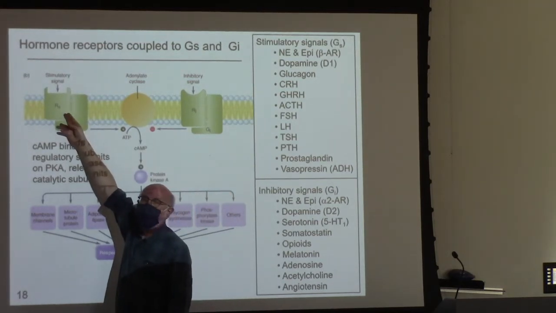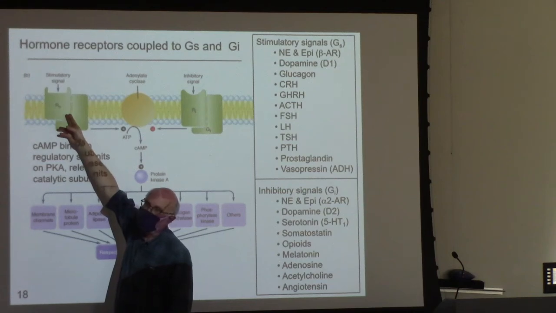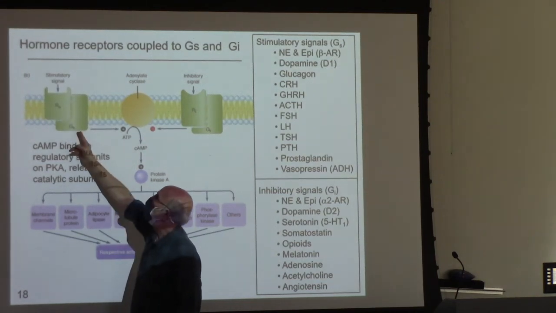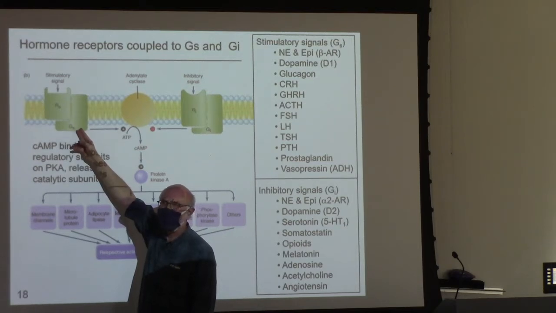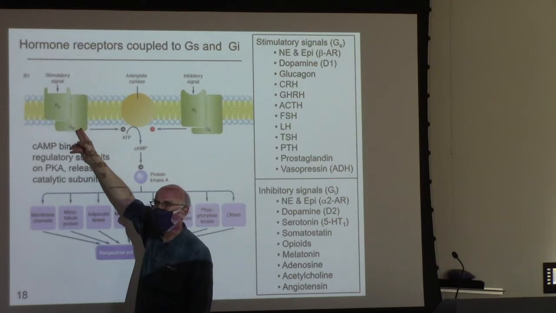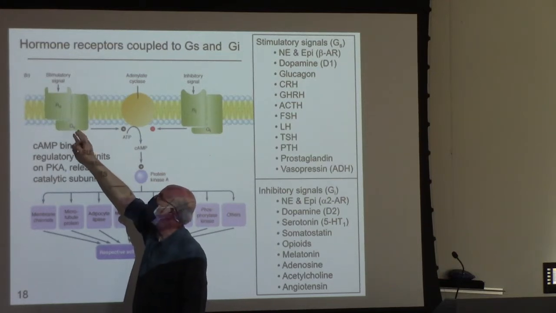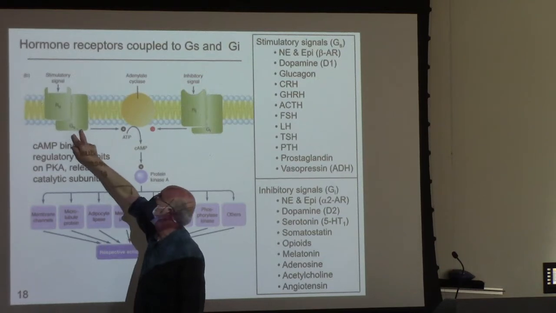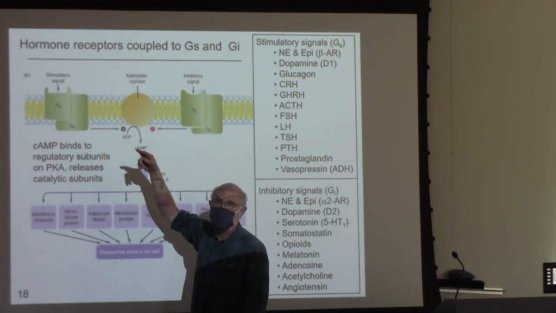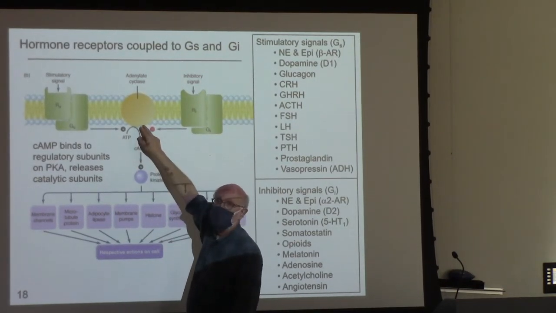Receptor binding, conformational change of the G protein, GDP dissociation, GTP association to alpha, alpha separating from the receptor and from beta gamma, alpha activating, in this case, adenylyl cyclase.